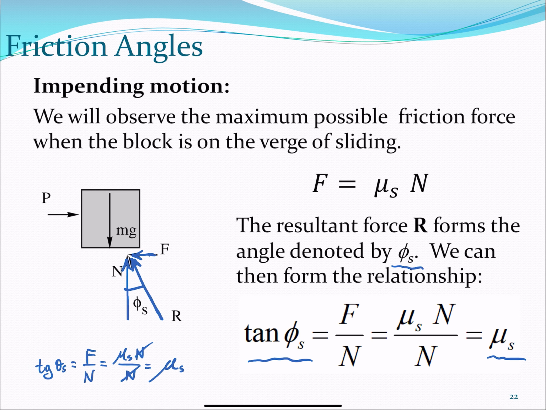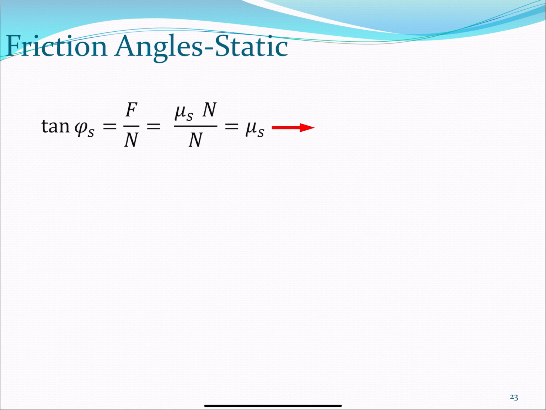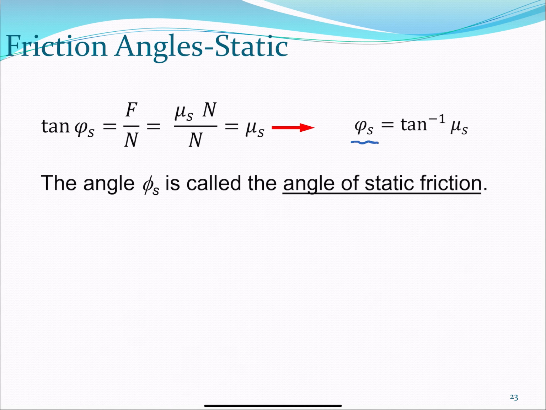And this is a very important result. If you want to calculate that angle, which by the way we are going to call the angle of static friction, you just solve for the angle: it is the inverse tangent of the friction coefficient. Now, the angle is called the angle of static friction.